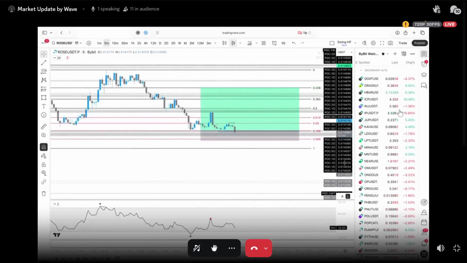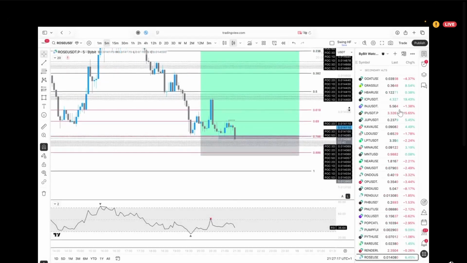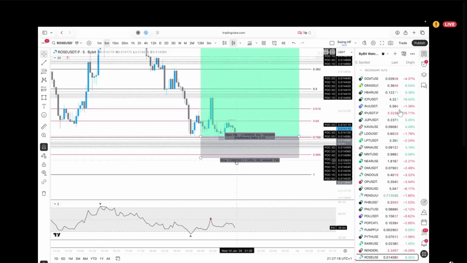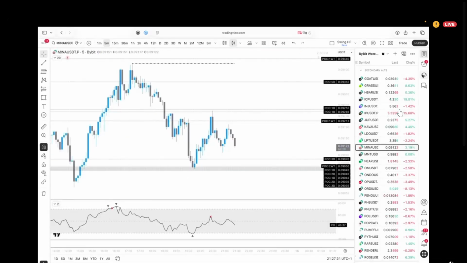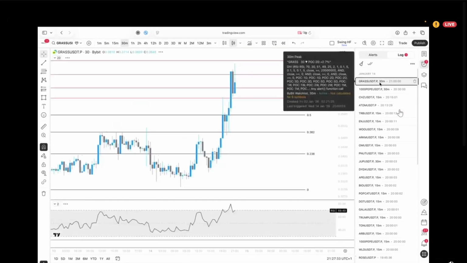I don't know. We don't have the divergence we are looking for. This would have been the confirmation of the trade, so I'm not taking it. Not taking it. We have an alert.